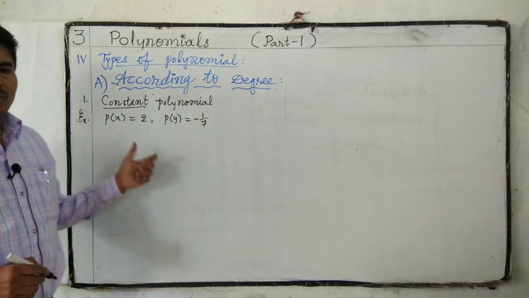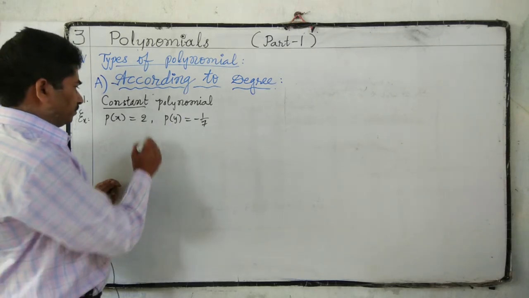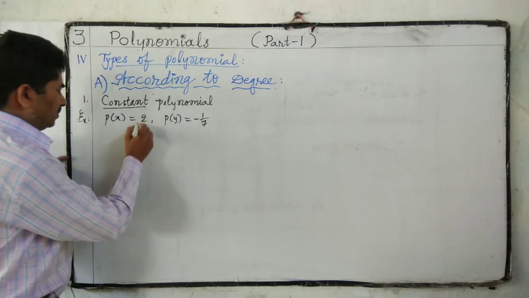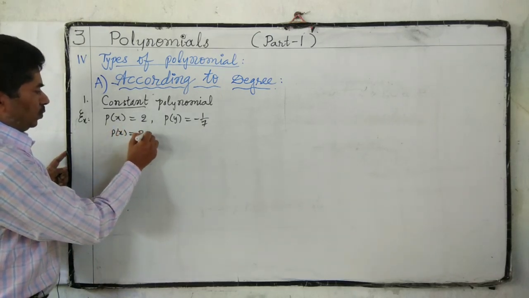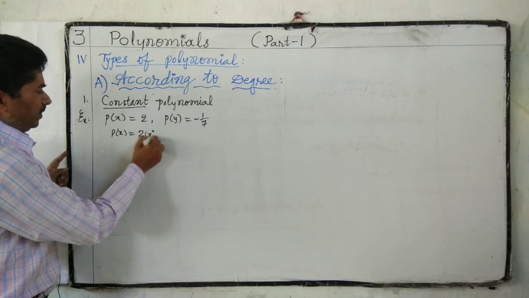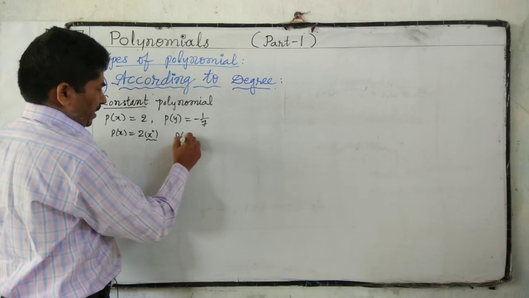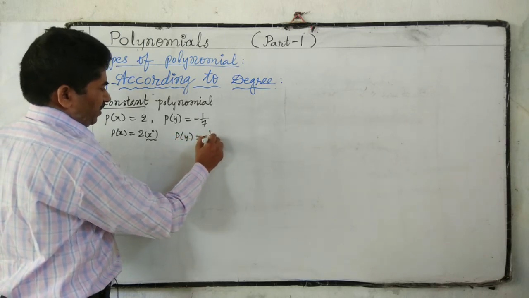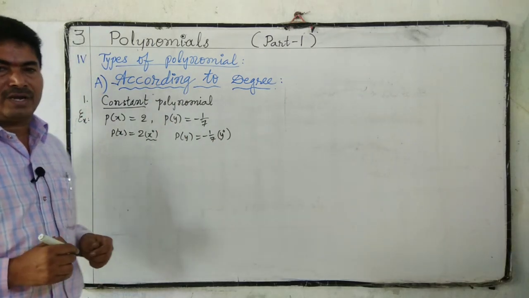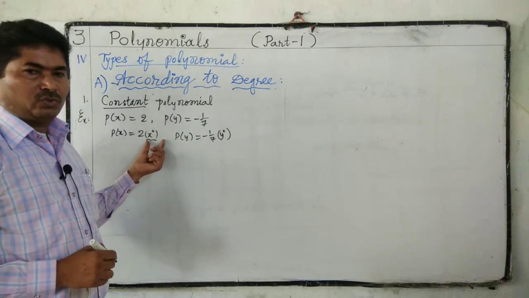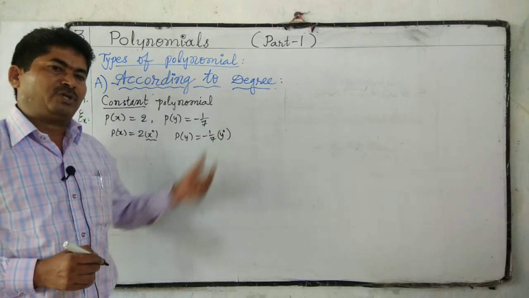These are constant polynomials, here degree 0. We can observe like this: p of x is equal to 2x to the power of 0. Here also p of y is equal to minus 1 by 7 y to the power of 0. If there is no variable, we can take like this: x to the power of 0, y to the power of 0, that variable to the power of 0.